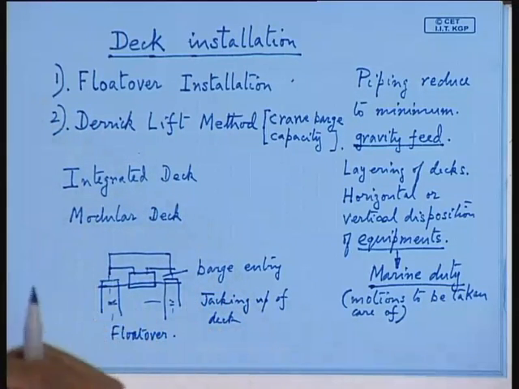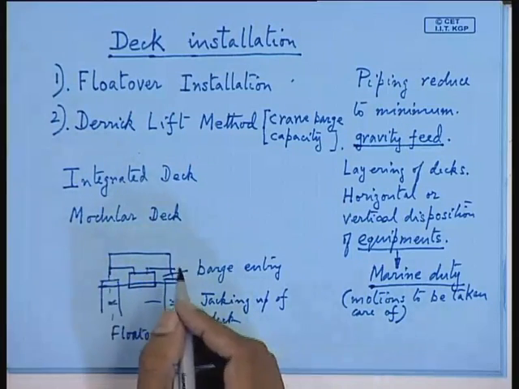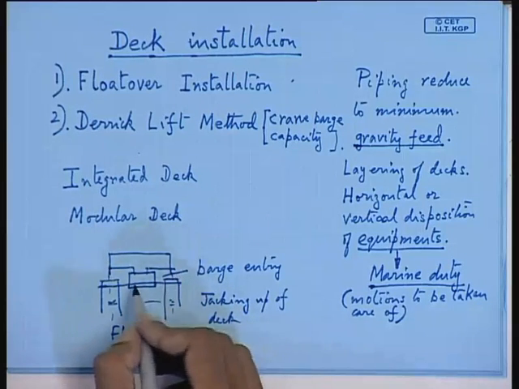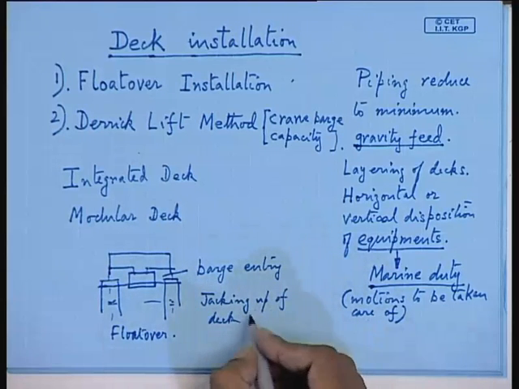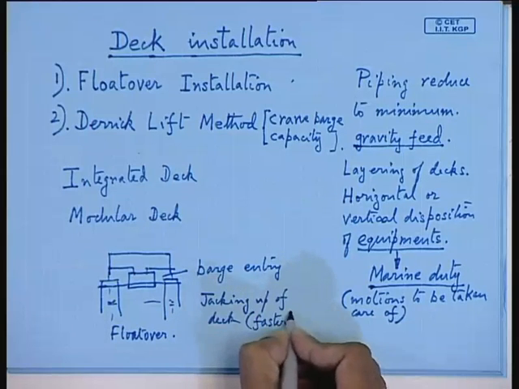In case of inclement weather, where there is rough weather, you do the process very quickly. Normally, the deck is carried on what are called screw jacks. You just reduce the jack, and then it comes and sits on top of the columns, and it is done very fast. So this method, the jacking up method, is faster.